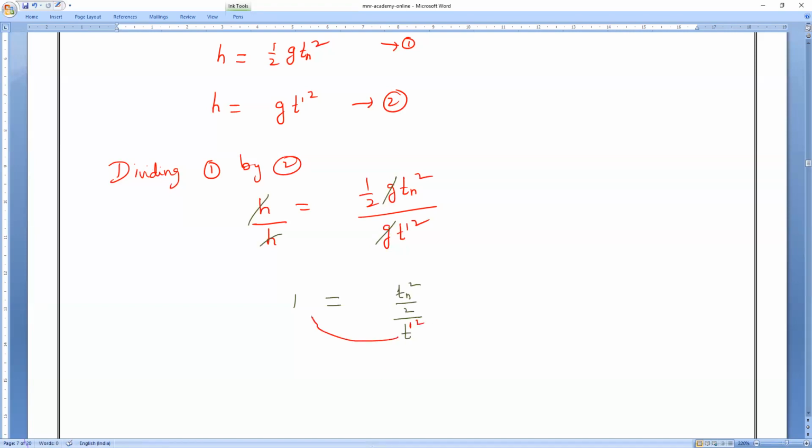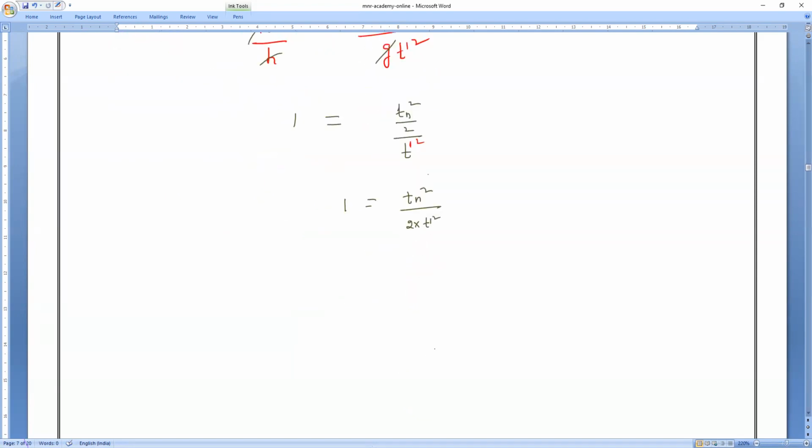Now t dash square is in division, I'll bring this side. Or else, if you are confused, you can make it as tn square by 2 into 1 by t dash square.